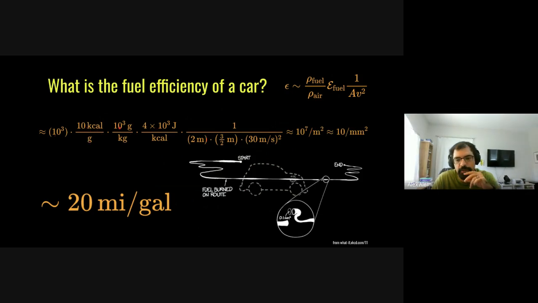That gives us 1,000 grams per kilogram, and I happen to know that there's 4,000 joules per kilocalorie. That's something to look up. And then we have to estimate these terms down here: area and velocity of a car. A car, I'm saying, is about 2 meters across and 1.5 meters tall, and cars go at about 30 meters per second, or about 60 miles an hour when going down the highway.